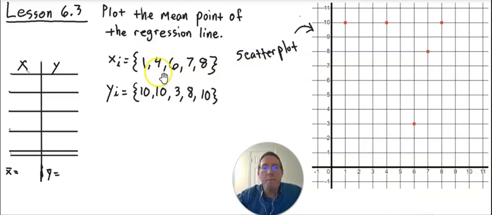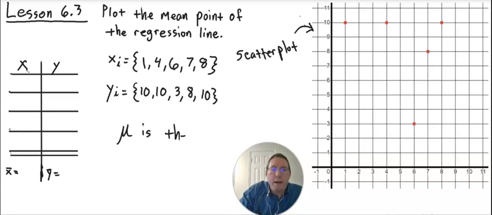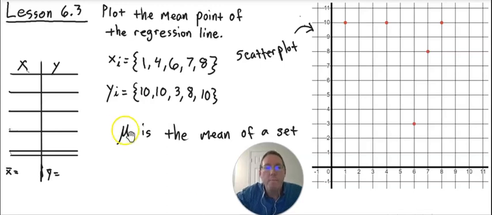There is a very important point on the regression line, which is basically the point (x bar, y bar). Let me explain this. Remember how we use the term mu for the mean of a set? Well, sometimes instead of using the letter mu, we take the letter of the set, like x, and we put a line over it, and we call that x bar.